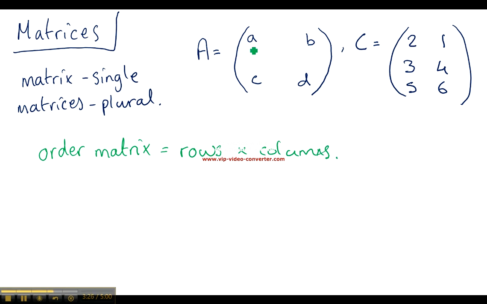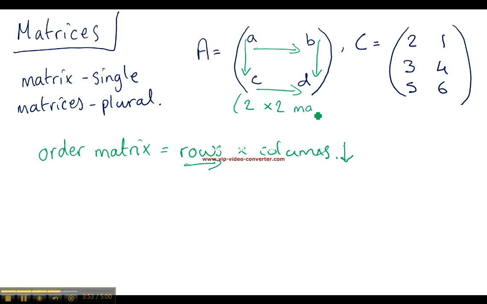So in this here we see rows go across the way, columns go down the way. So in here for the A matrix, you have 2 rows and you have 2 columns.